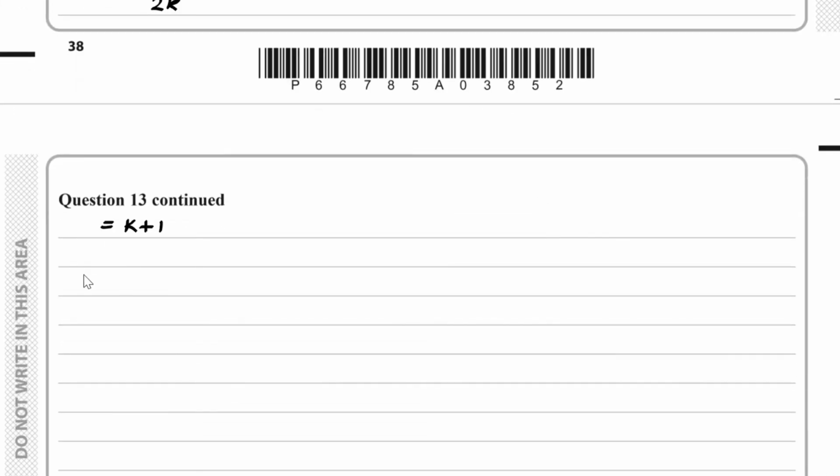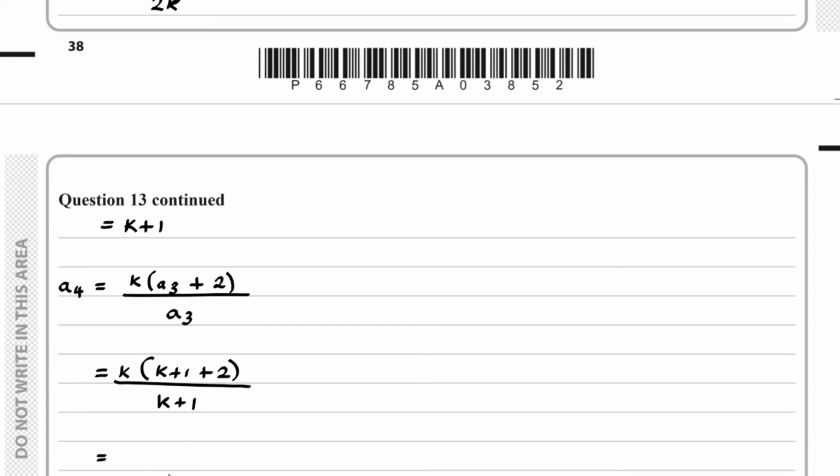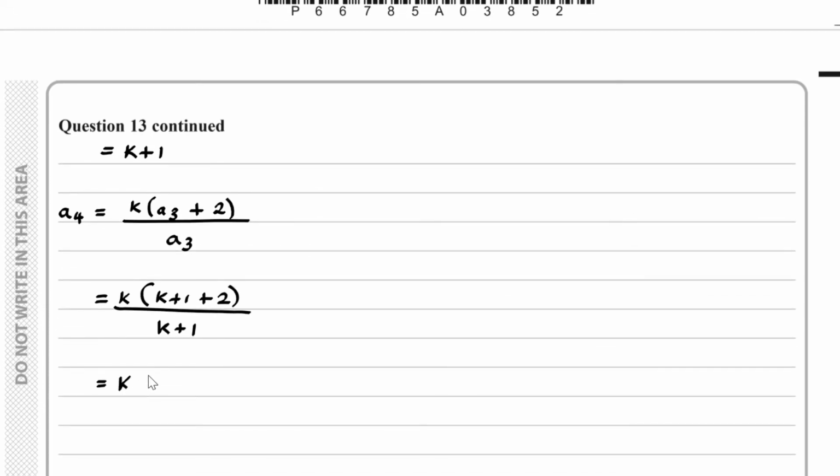Continuing, a4 is k lots of a3 plus 2 divided by a3. So we have k lots of k plus 1 plus 2 divided by k plus 1. And if I tidy all this up, I get k lots of k plus 3 over k plus 1.